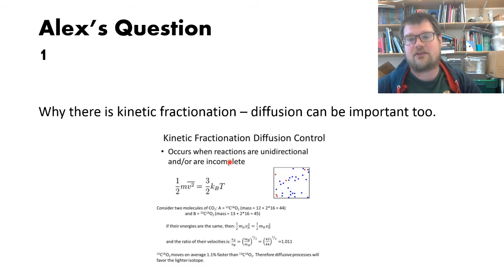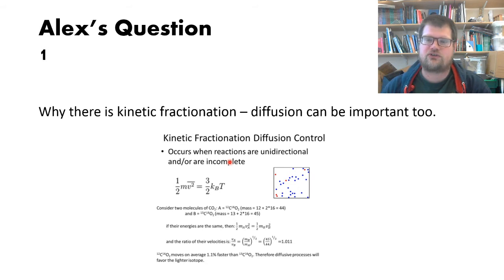Quite a lot of you missed out on this little addition to explaining kinetic isotope fractionation. Some reactions, particularly reactions that happen in cells, involve reactants that have to diffuse through cell membranes and across space in the cell to get from one part to the other, and that diffusion is dependent on the mass.